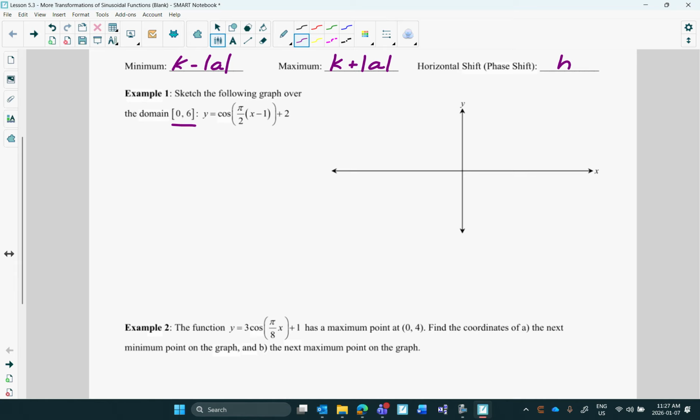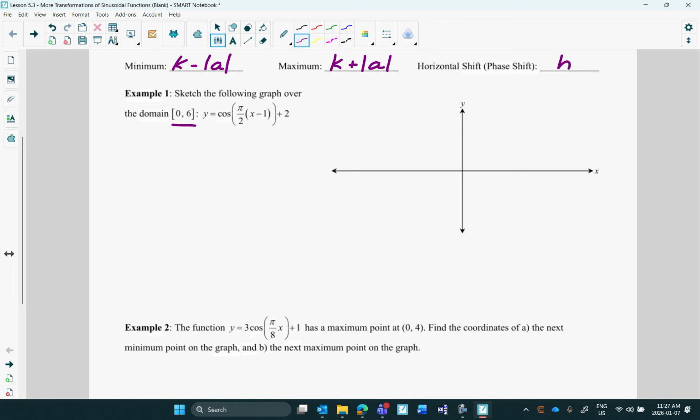So you gotta make sure you carefully read questions when you're asked to graph. Most of the time you'll be asked sketch at least one period of, and then you'll be given the function. But sometimes you may be asked sketch this graph, but only that section. Which we'll deal with at the end.